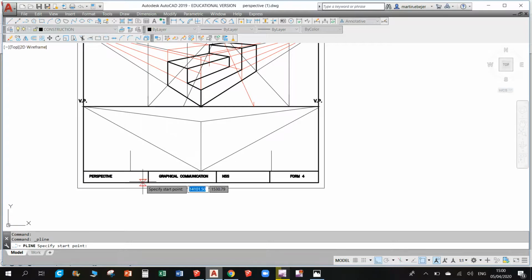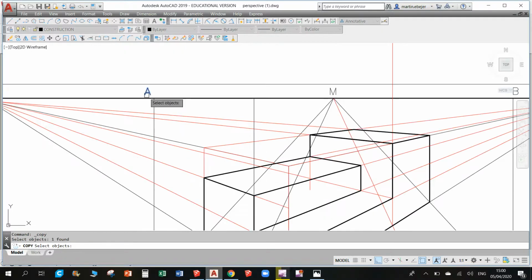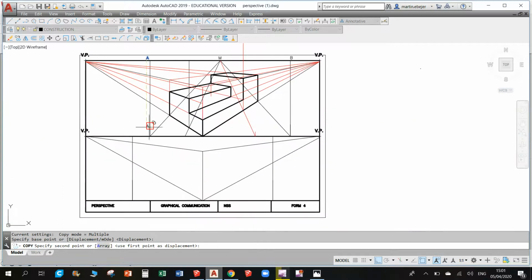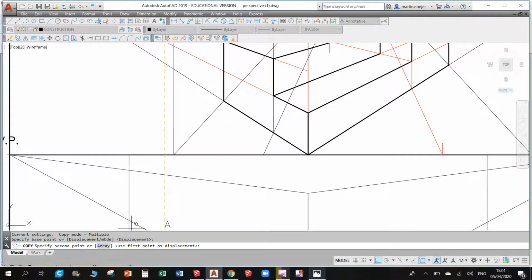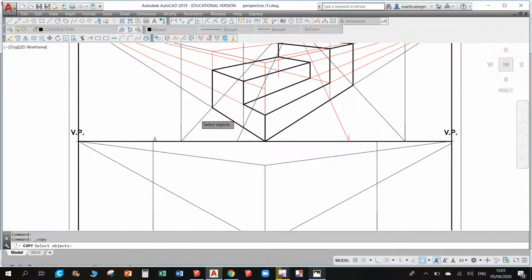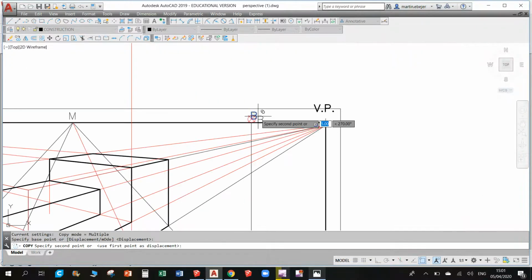You're gonna extend the line to obtain point A, and you're gonna extend the line to obtain point B. So that is my new A, and this is my new B.